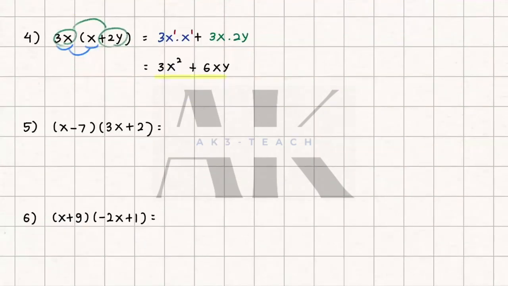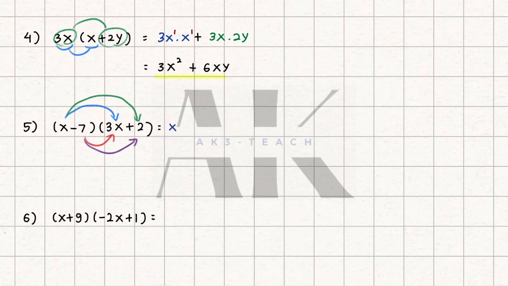Now we go to the fifth question. In this case, we'll do what we just did, but now it's becoming a bit more complex. I have this, and then I have this, then I have this, and for the last part, I have this one. Okay, let's trace it using the color.